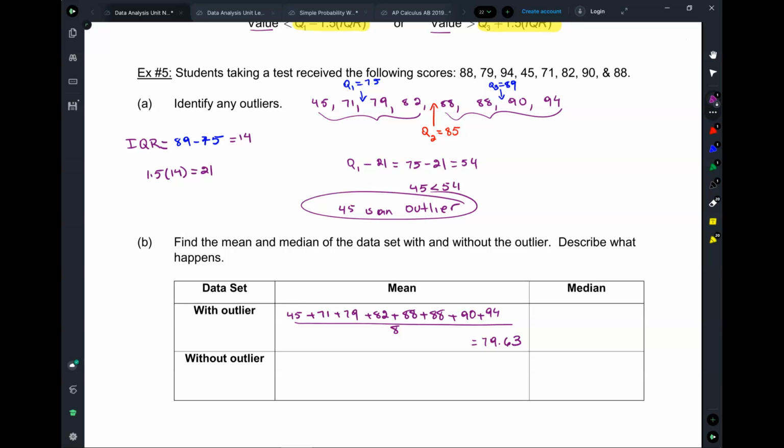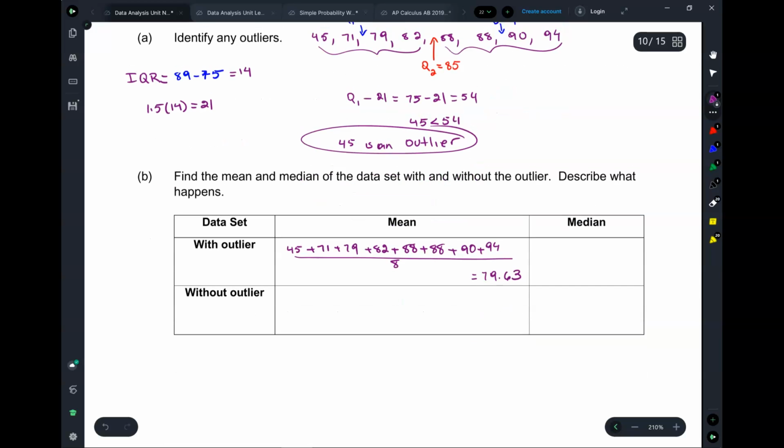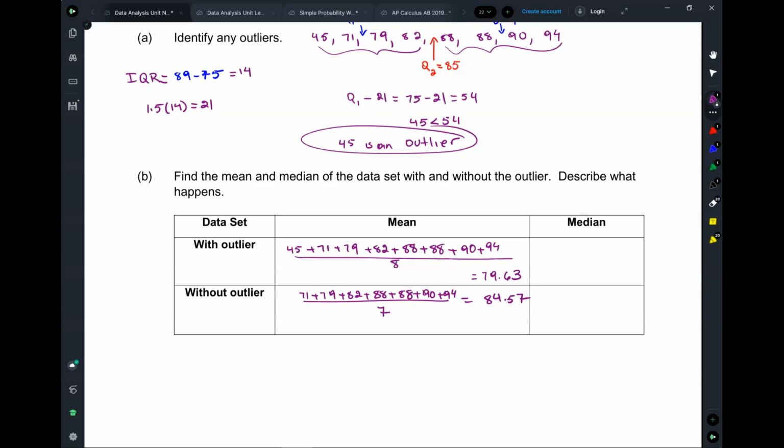Okay, without the outlier, it's just 71 plus 79, 82, 88, 88, 90, 94 divided by 7 this time, 84.57. Okay, so you see how there is a difference there.